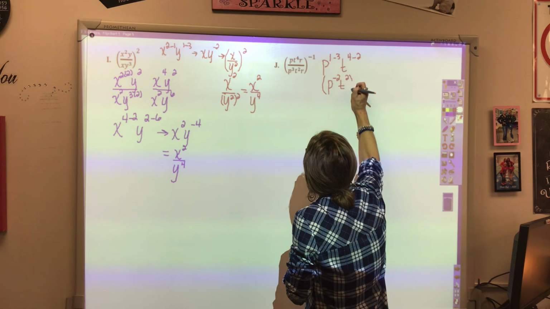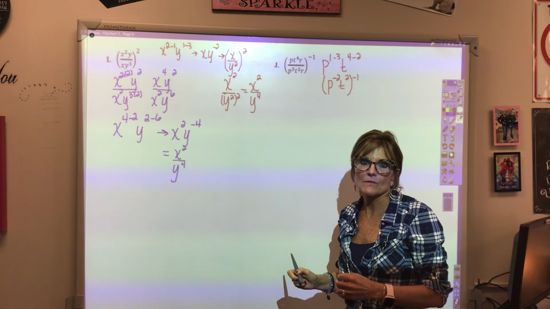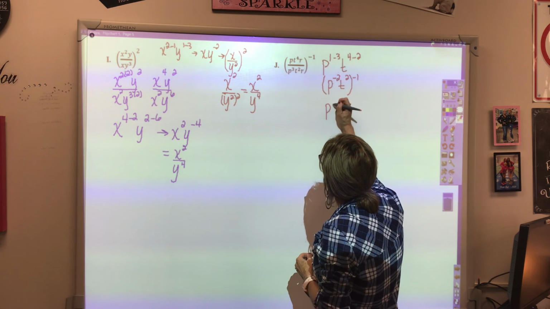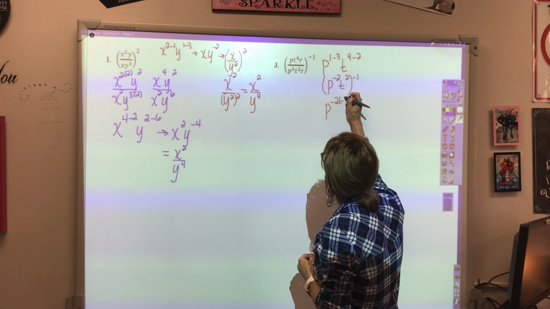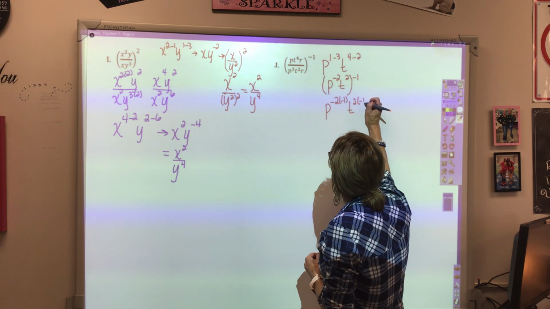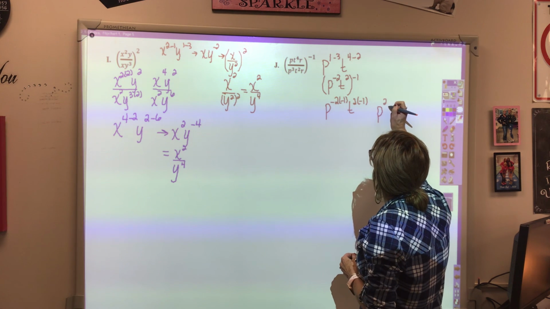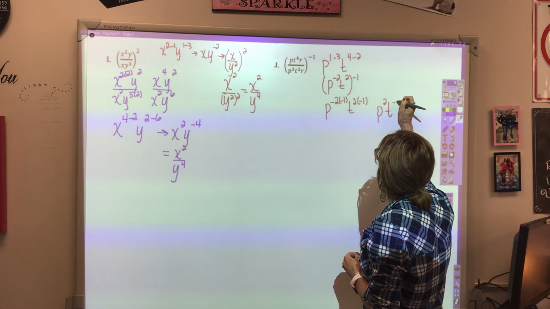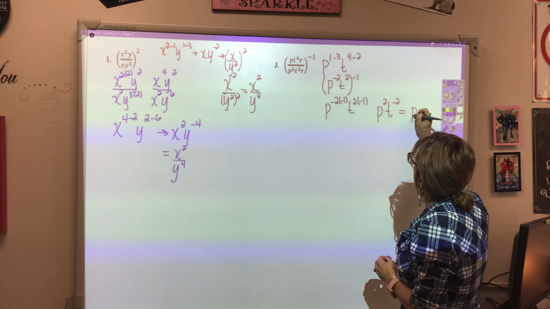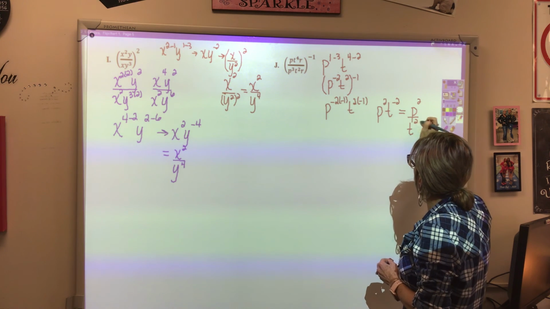I'm going to go ahead now and raise them to the power. Then I'll move the negative exponent around. So this would give me p to the negative 2 times negative 1, t to the 2 times negative 1. So p would be squared, and t would be to the negative 2 power. So my final answer would be p squared over t squared.